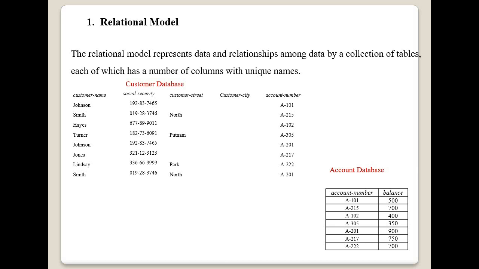You can see the customer table and the account table. In the customer table, we have 5 fields: customer name, social security number, customer street, customer city, and account number. In the account table, we have 2 fields: account number and balance. Basically, the relational model is used to store information in a 2D format, that means a tabular format.